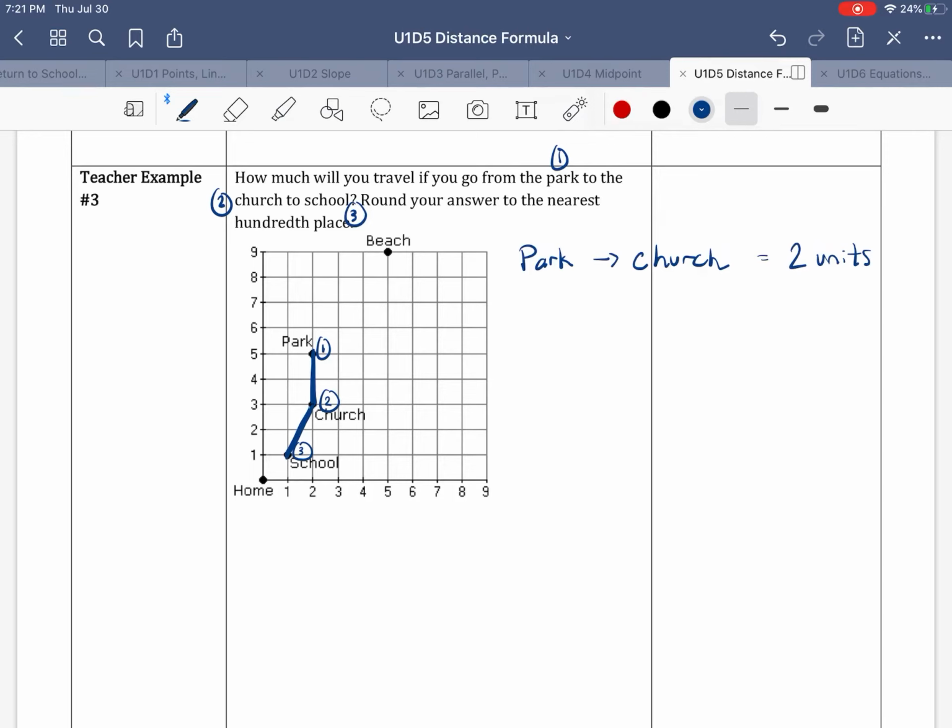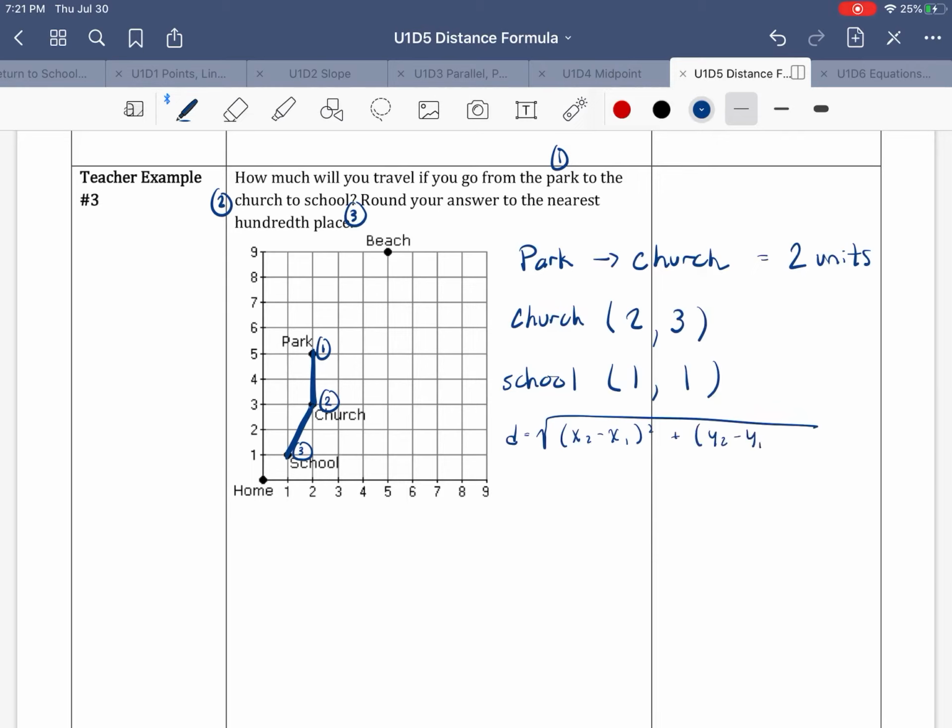We have to use our distance formula, which means we need the coordinate point of the church, and we need the coordinate point of the school. So here our church is at 2, 3, and the school is at 1, 1. All right? Again, we can use our distance formula. It's the square root of x2 minus x1 squared plus y2 minus y1 squared.